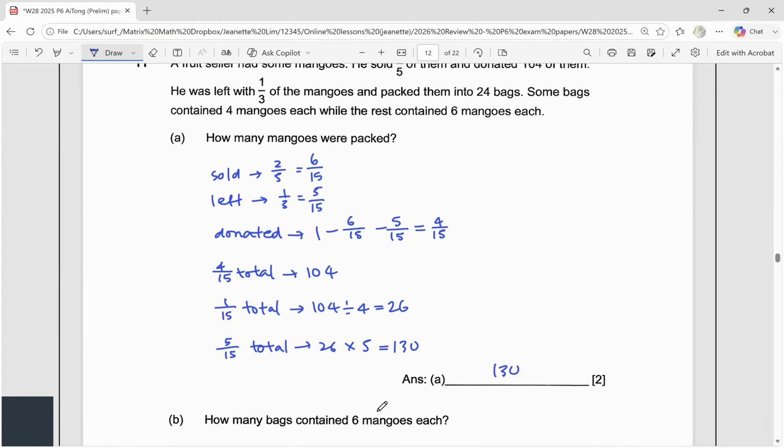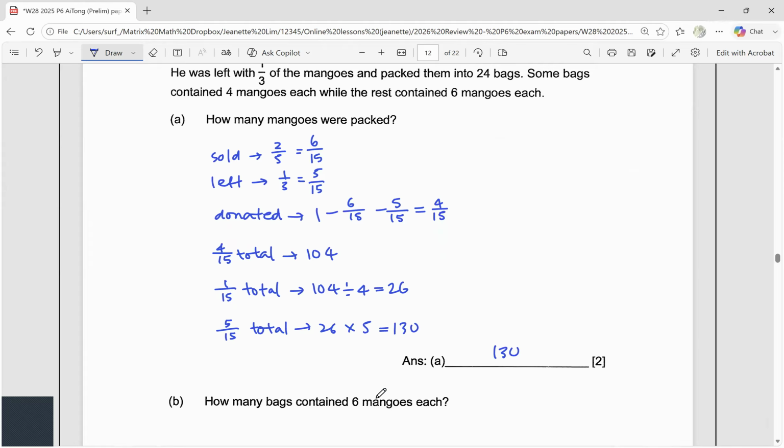B, how many bags contain 6 mangoes? Now this is supposition. So there's a total of 130 mangoes and 24 bags. But we don't know how many contain 4, how many contain 6. So since we're looking for 6, we start off with the opposite.